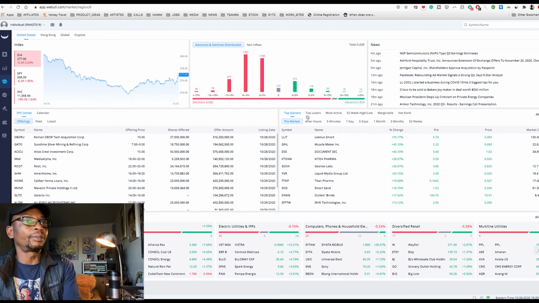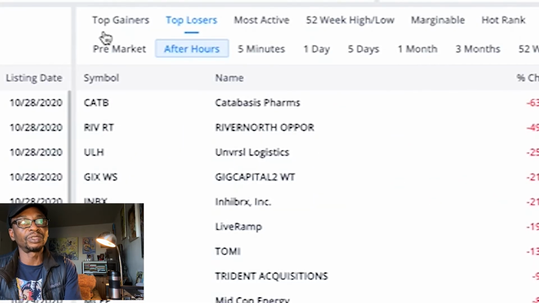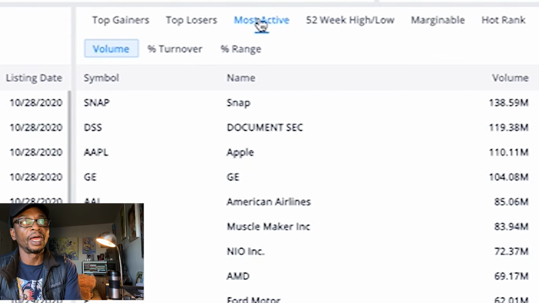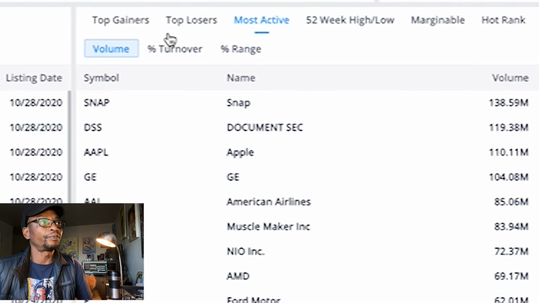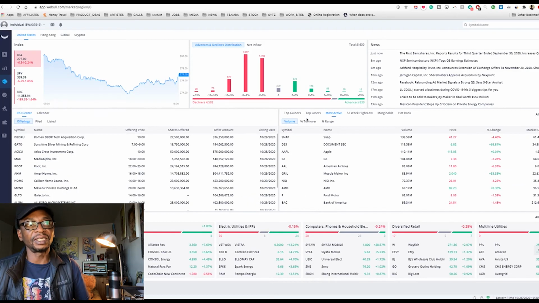And what I like about it is top gainers and top losers, because this gives you an idea of which stocks are moving. And again, you can totally customize how you want your watch list to look. In other words, you can choose to say, I want stocks with a certain price, $5 and above, or $10 and above, or stocks that move a certain percentage, and so on.